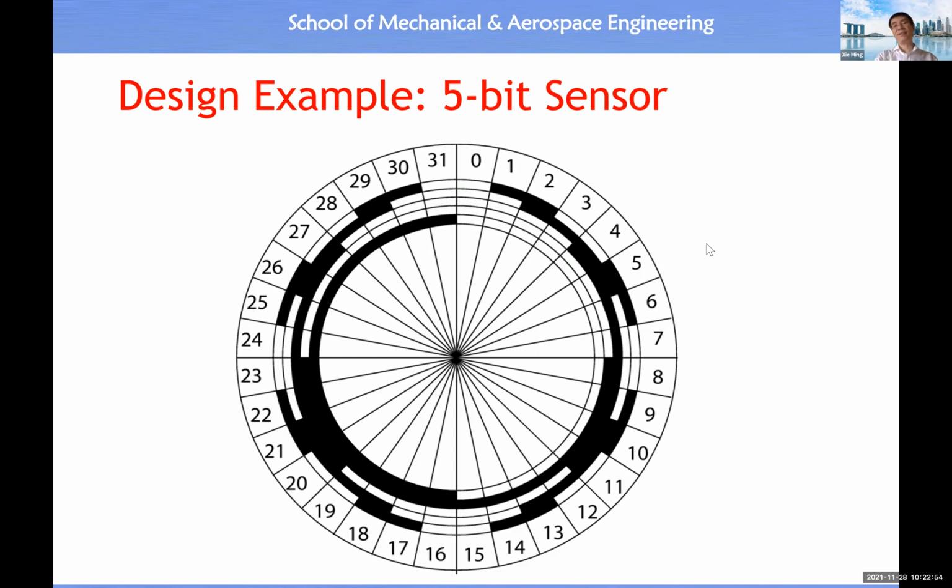All right. Okay, so this shows you the detail about the design of an absolute encoder with 5 bits of data as output.